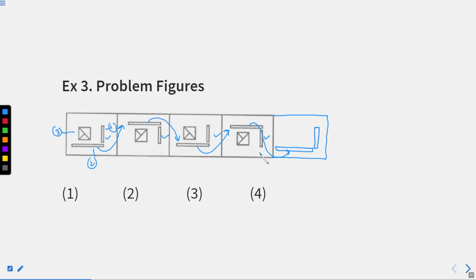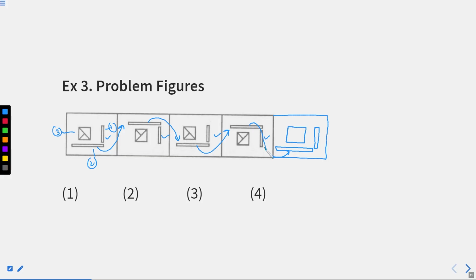Now you can see that the small square in between will remain the same. The square position will remain the same, right? Slightly up, slightly down, slightly up, slightly down. Now this time, slightly up. So this is your square.